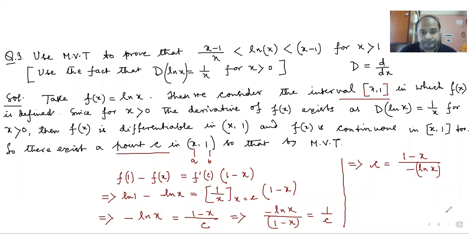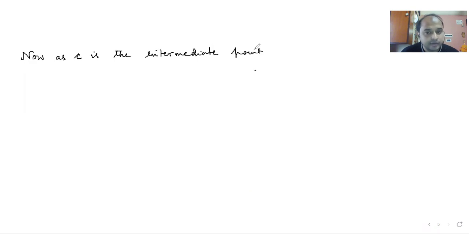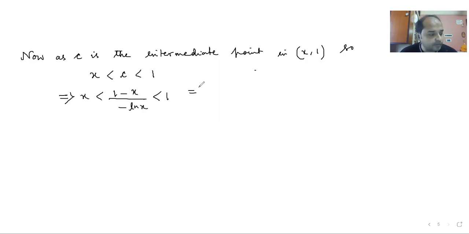Now, as c is the intermediate point in (x, 1), c lies between x and 1, and in place of c you put the value (1 minus x) by ln x, which is less than 1, and that is 1 by x.